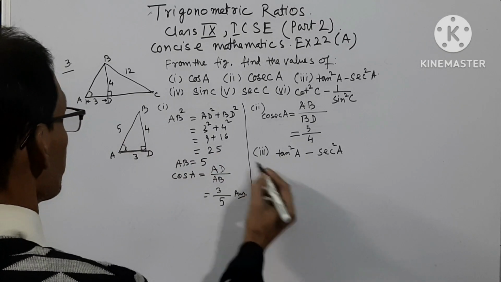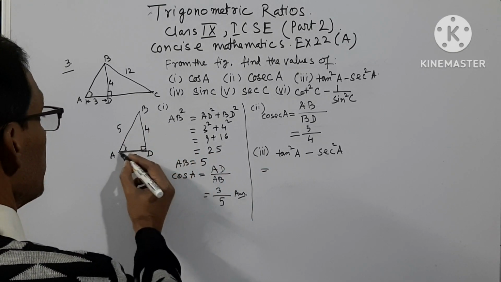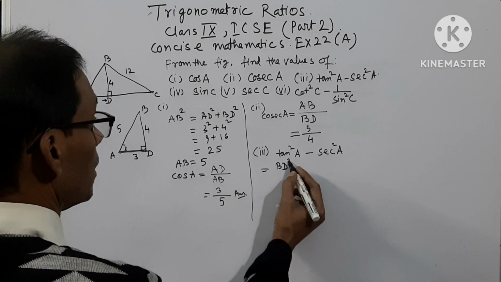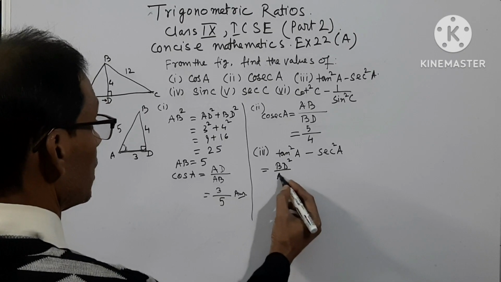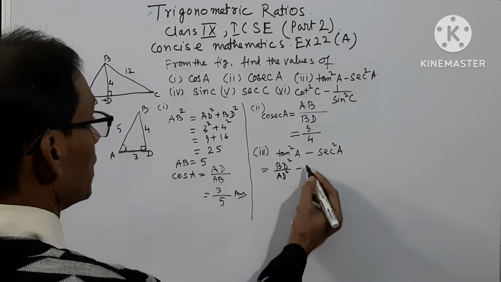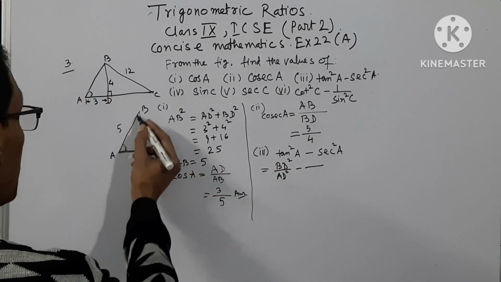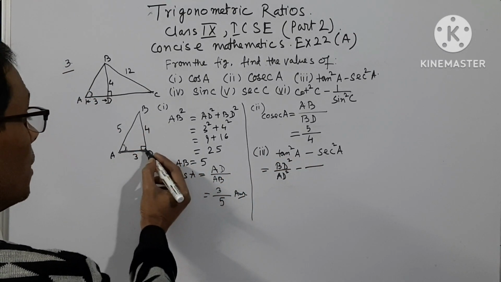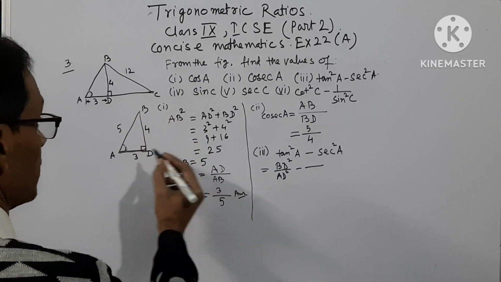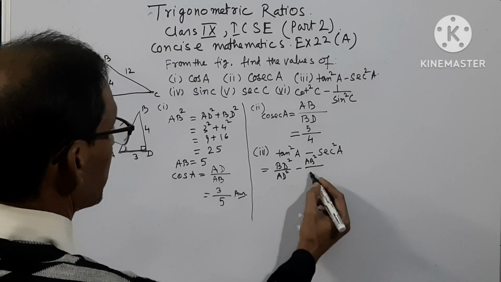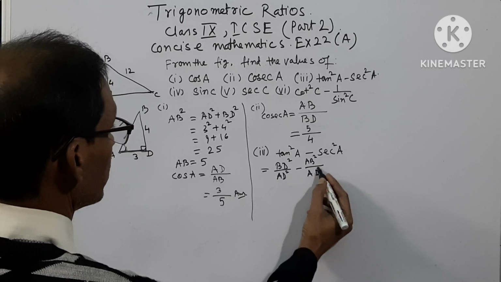That means BD square by AD square, minus sec square A. Sec means hypotenuse by base. So AB square by AD square.